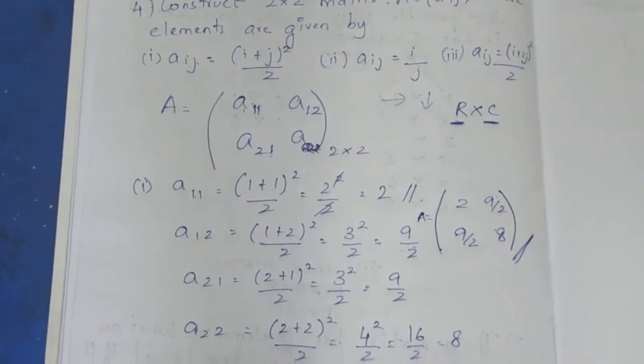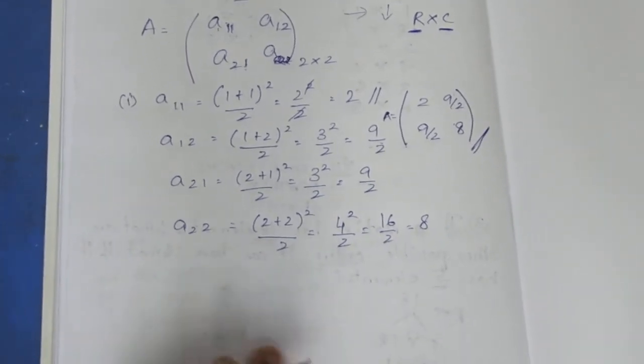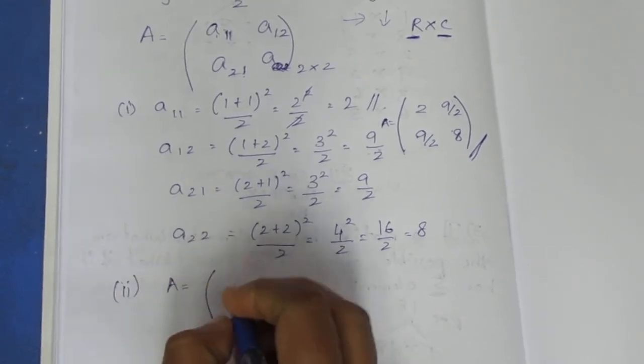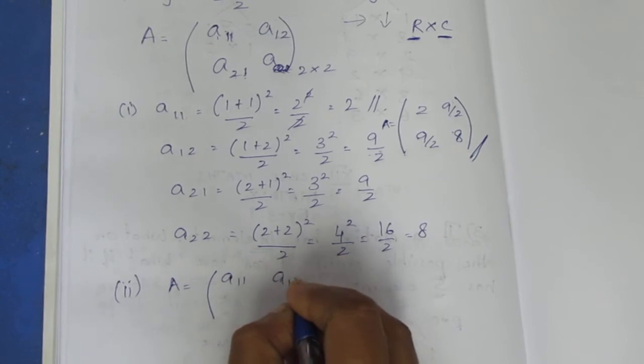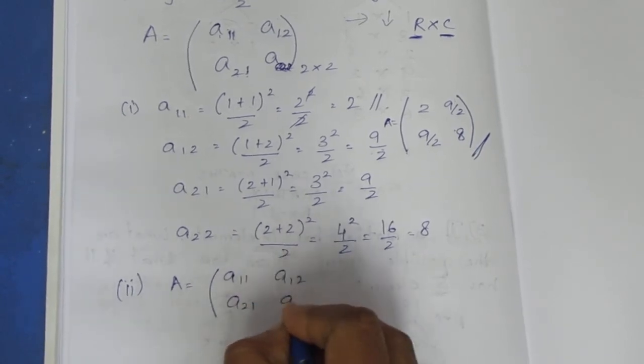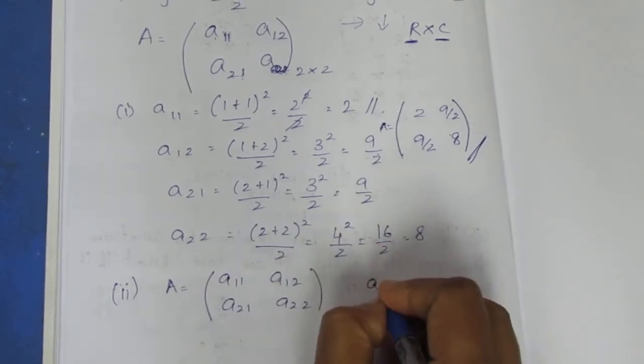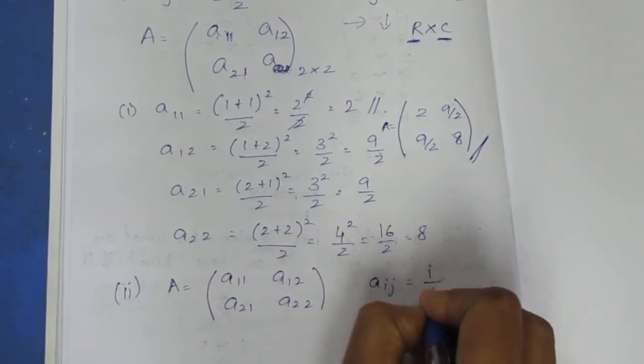The same way we need to write it for the second subdivision. For the second subdivision, the same way write A is equal to, let me write it first, a11, a12, a21, a22. So it's given that aij is equal to i by j.